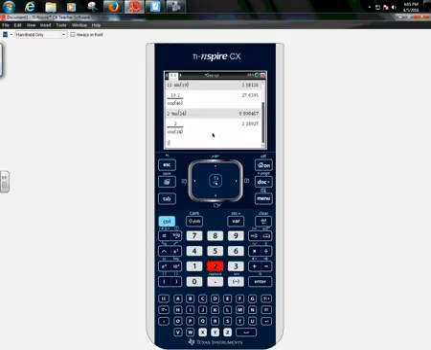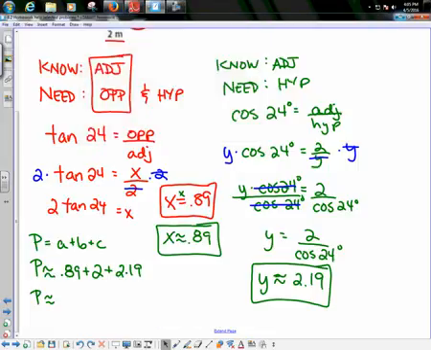So 2 plus 2.19 plus 0.89. It would really help if I could see what I was doing. So my final answer is 5.08. And so that's my perimeter.